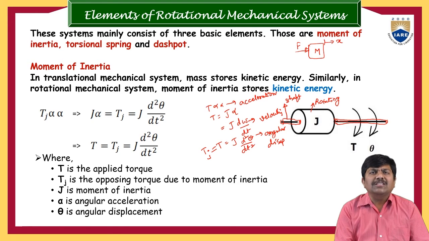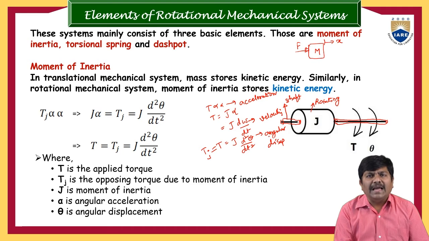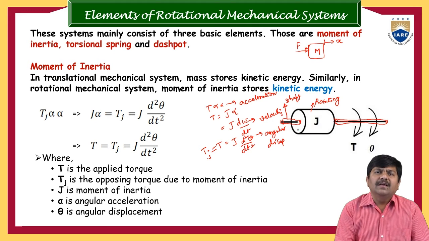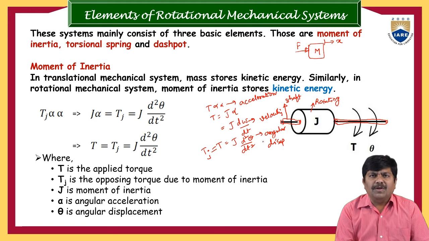In whichever direction you want to transfer the mechanical input energy, which is nothing but the twisting force, to the mechanical body, you have to represent it at the shaft terminal only. That's why, for the input, I have clearly marked here with an angular direction, torque T. This is the way of representing the input quantity.